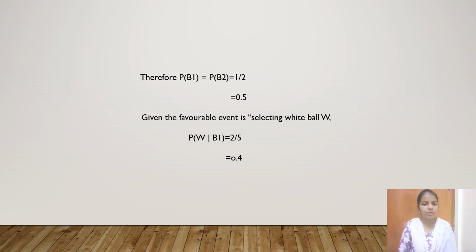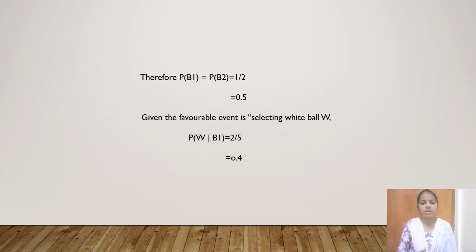Therefore P of B1 equals P of B2 equals 1 by 2, that is 0.5. Here B1 indicates box 1 and B2 is box 2.